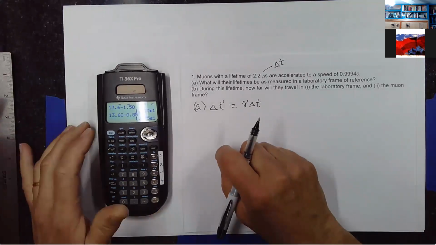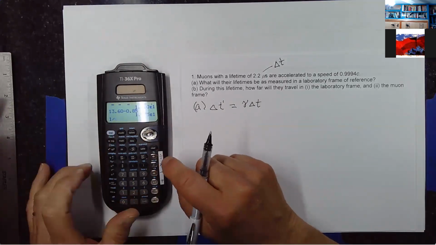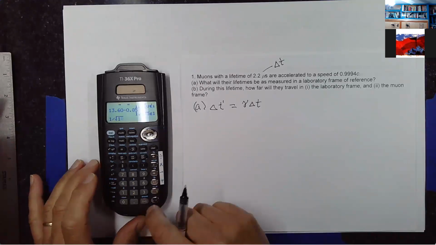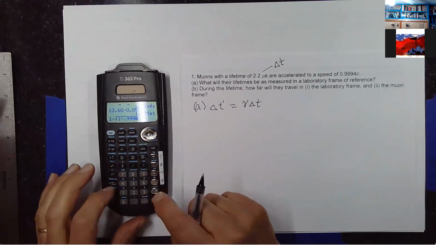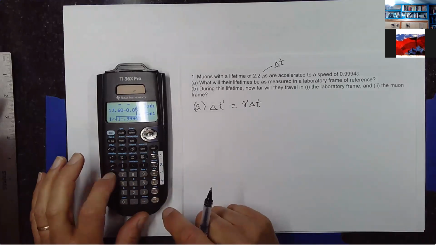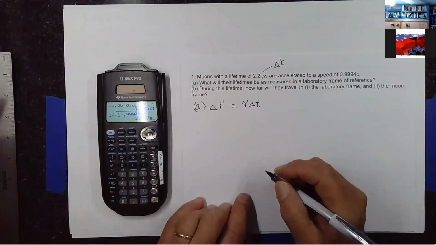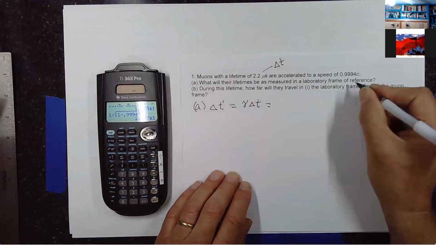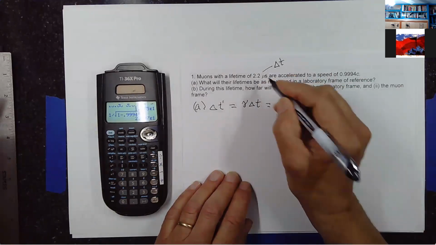I would just go 1 divided by the square root of 1 minus 0.9994 squared, and I get 28.9. I can keep 4 sig figs on this, but I've only got 2 on that lifetime.